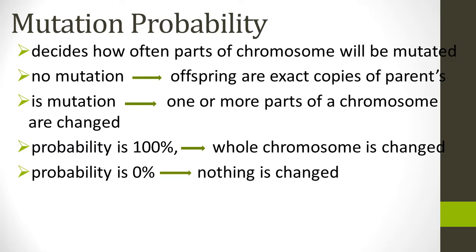If mutation is performed, one or more parts of the chromosome are changed. If mutation probability is 100%, the whole chromosome is changed. If it is 0%, nothing is changed. Mutation should not occur very often because then the genetic algorithm will in fact change to random search.